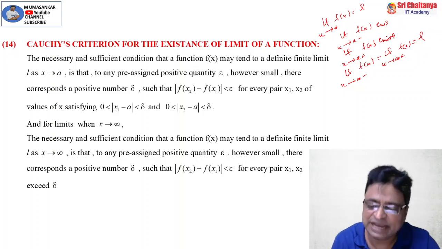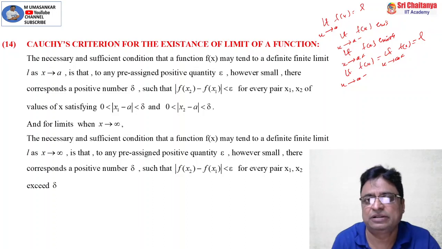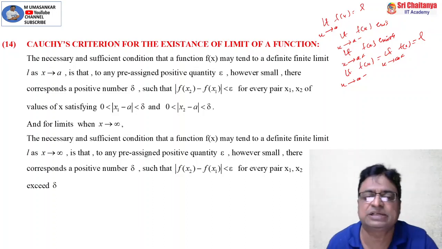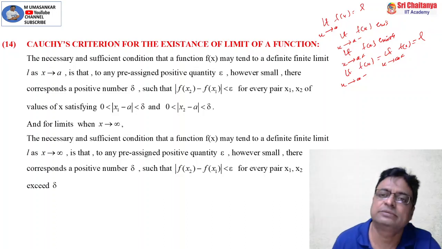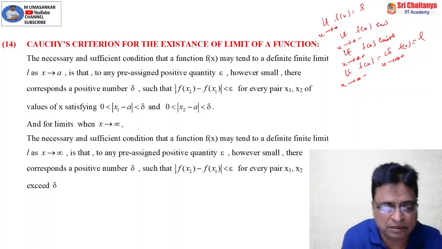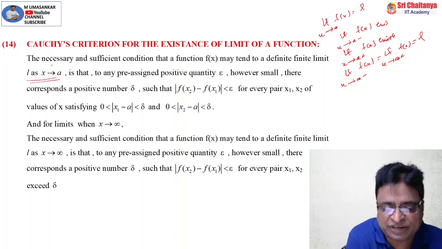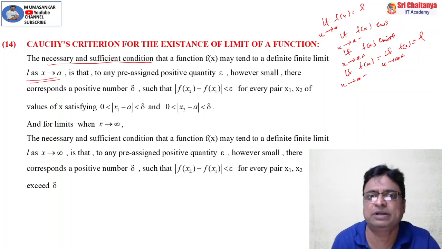The same concept Cauchy has given in another direction. Read that statement properly. The necessary and sufficient condition that f of x may tend to a definite limit L as x tends to a. This is necessary and sufficient, which means it applies both ways, implies and implied by.